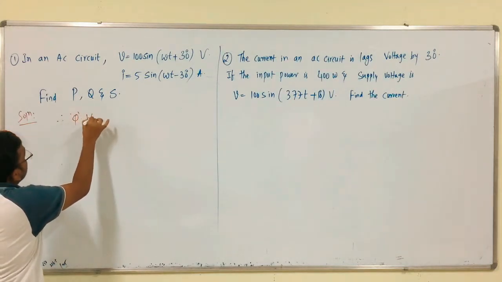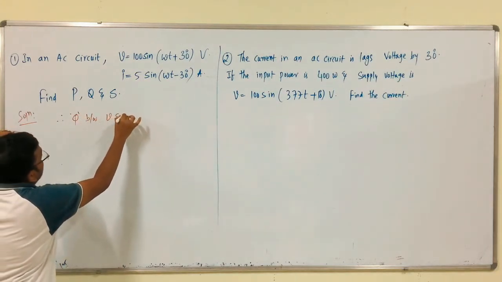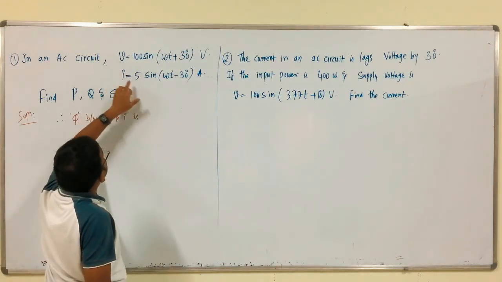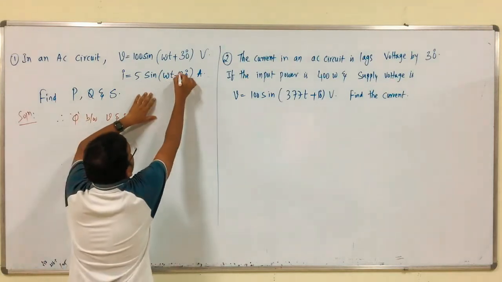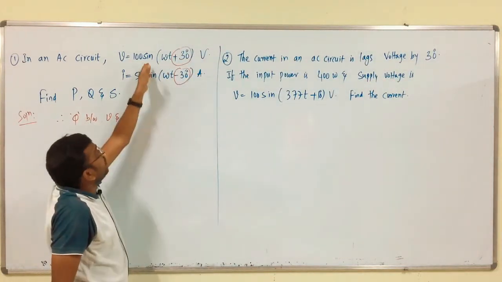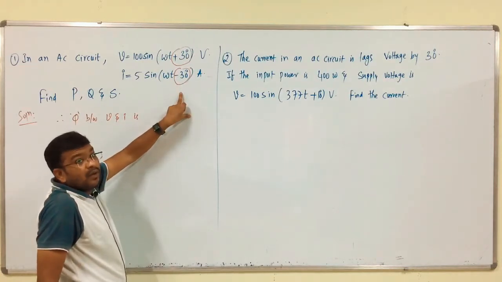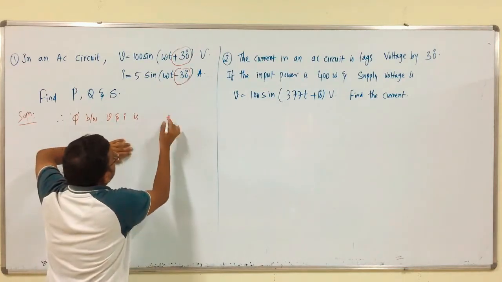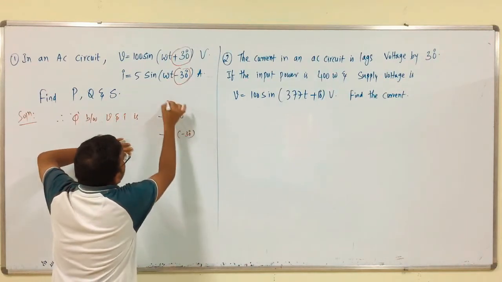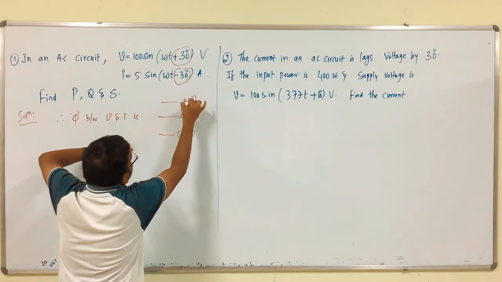The phase between voltage and current: see here from these two equations, 5 sin omega t minus 30, omega t plus 30. So, current lags voltage by how many degrees? This is 0 degrees, this is minus 30, this is plus 30.